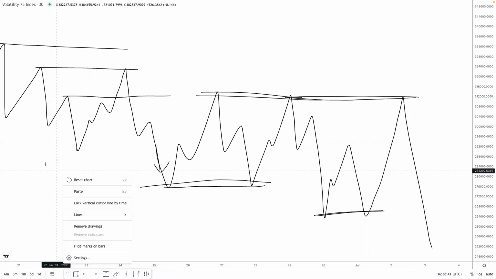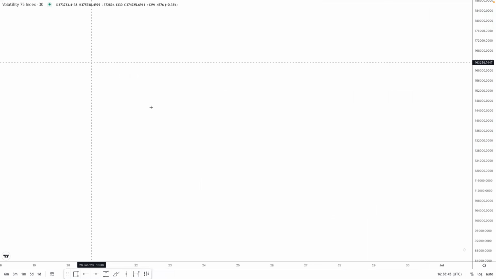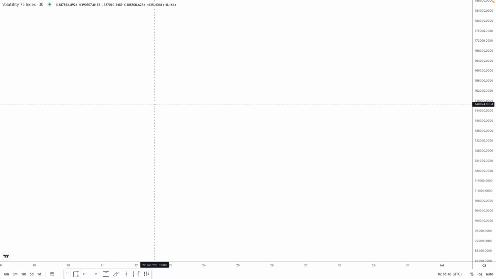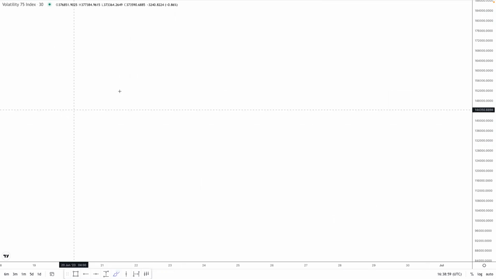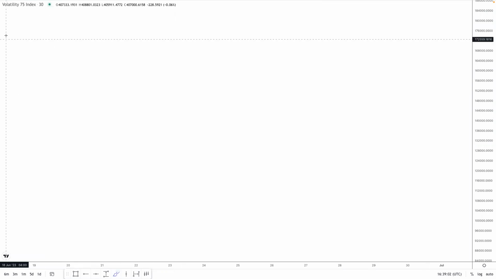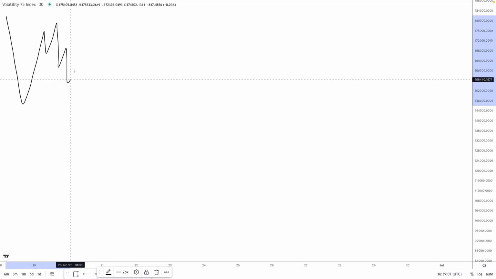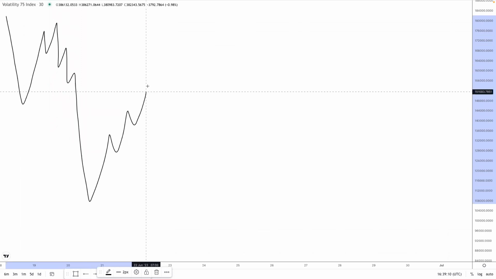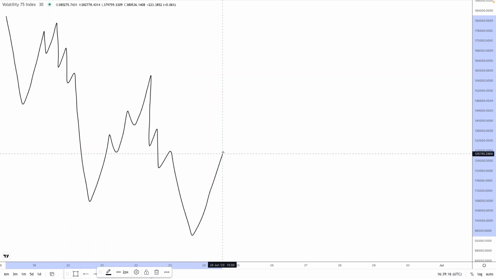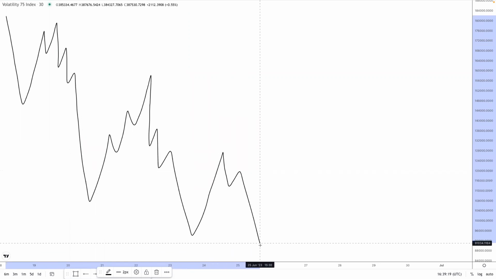And we also have the major structure retest. So the major structure retest usually occurs straight after the new invalidation. So what I'm trying to say is that we could have this downtrend right here.